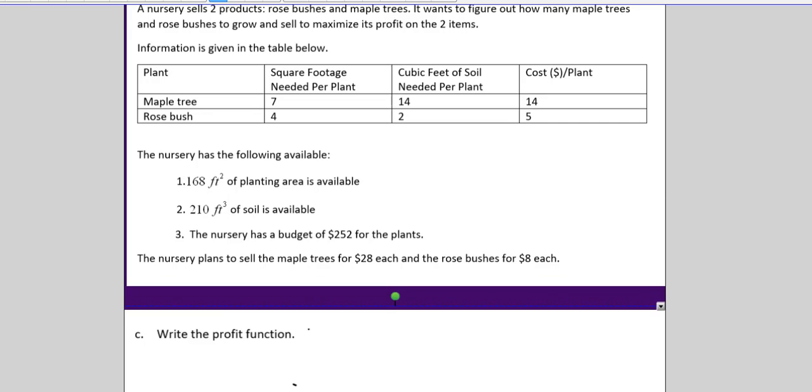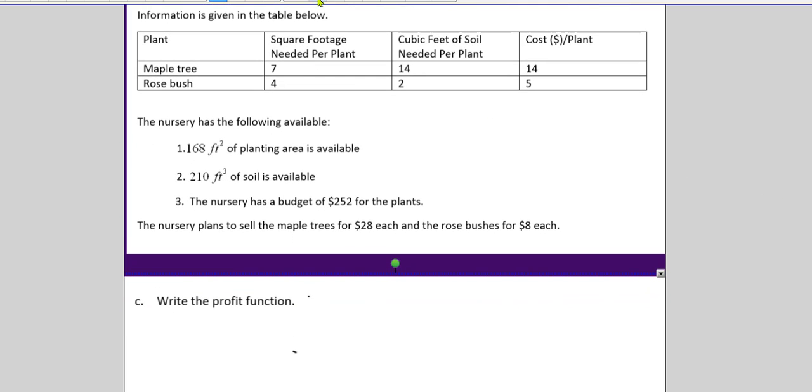Now I'm going to write a profit function. I'm going to call it P for profit, and it's actually a function of 2 variables, so we can write P of X, Y equals. We're selling the maple trees for $28 each and the rose bushes for $8 each. But remember, profit is revenue minus cost.